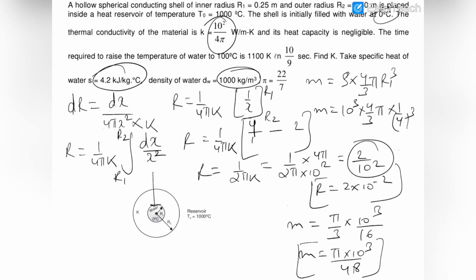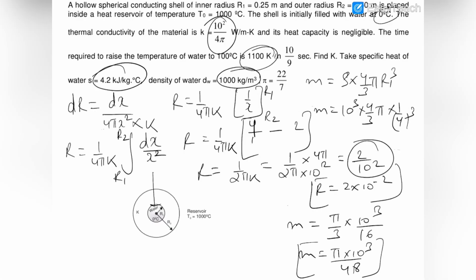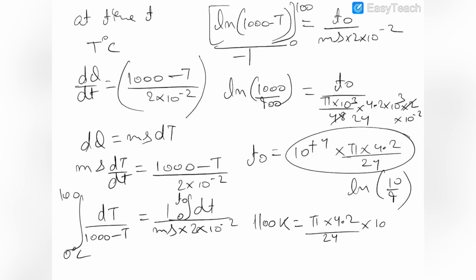So we have to find out the value of this 1100k. If we equate it with 1100k, given that pi is 22/7, this value is equal to 1100k, and this is pi into 4.2 divided by 24 into 10 raised to power 4. So 11k is equal to pi into 4.2 divided by 24; in fact, we can write it as 420 divided by 24.